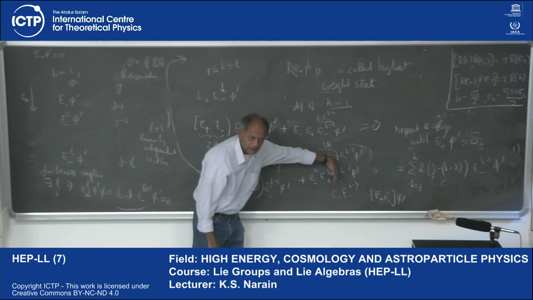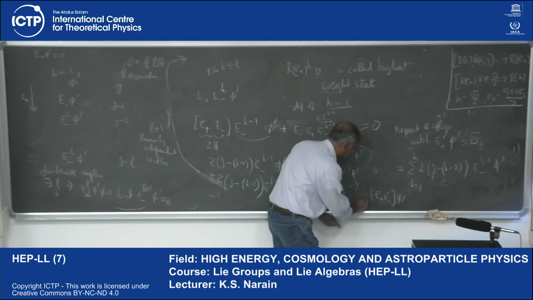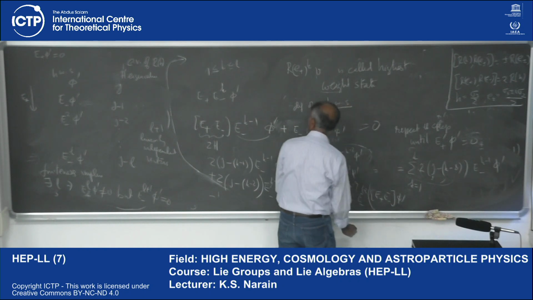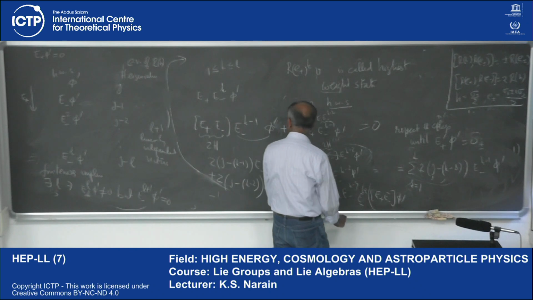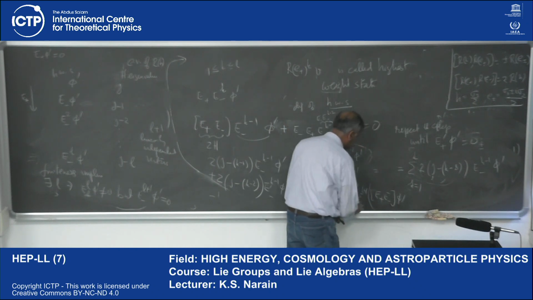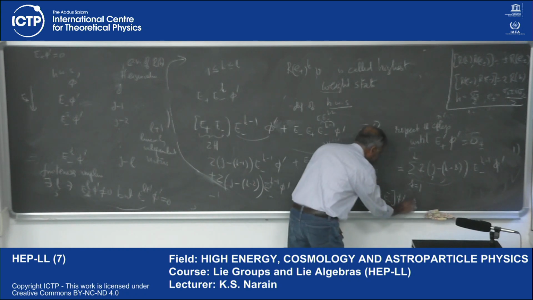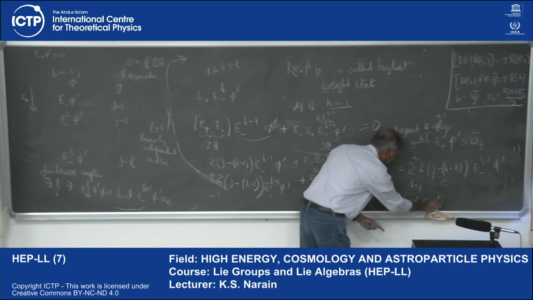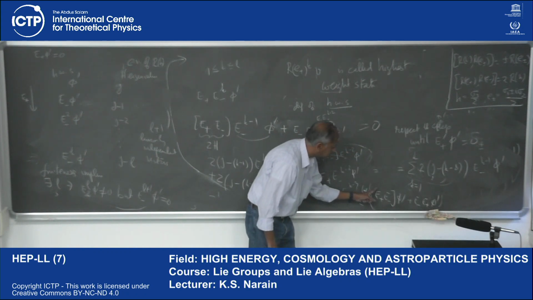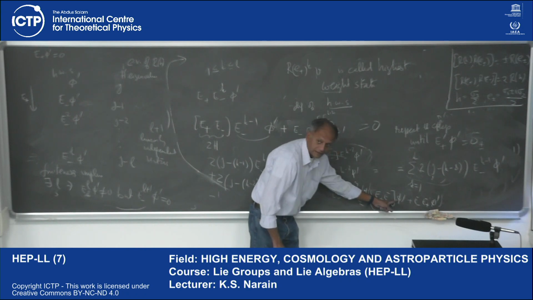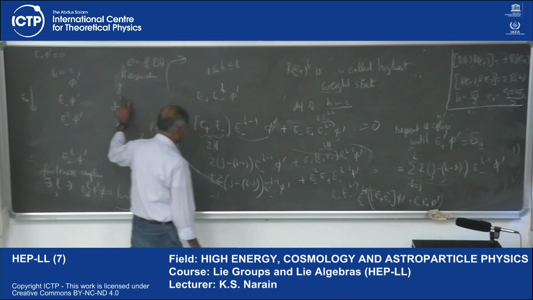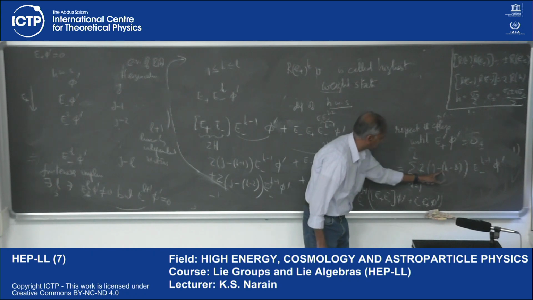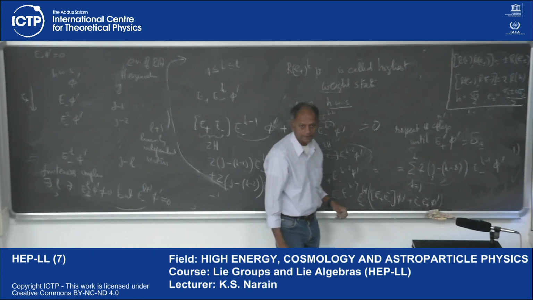You keep repeating this step, and in the last step you will have E minus to K minus 2, and then K minus 1, K minus 1, and there will be this term plus the term which will be E minus E plus phi prime. This term is 0 because it is the highest weight state. And this term is going to give me 2h, but that h eigenvalue will be simply the eigenvalue of phi prime, which is j. Okay? So the last term should be just 2j, which means s equal to k.